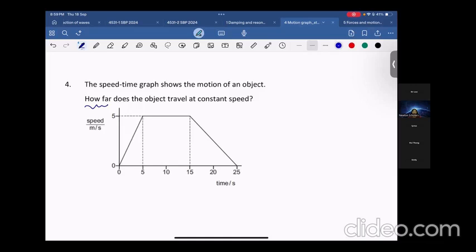You have to identify where your constant speed is. Constant speed is in this region, this part. From 5 to 15 is constant speed. So they want you to find this area.